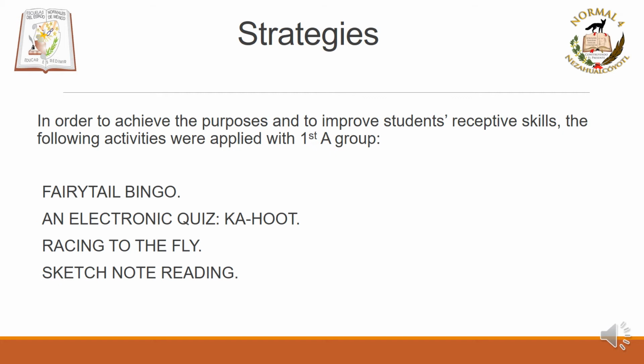And we had Racing to the Fly. In this one they had some flashcards around the classroom, and when they heard the name of one of them, they had to hit it with a fly swatter. It was with the topic of proper and common nouns.